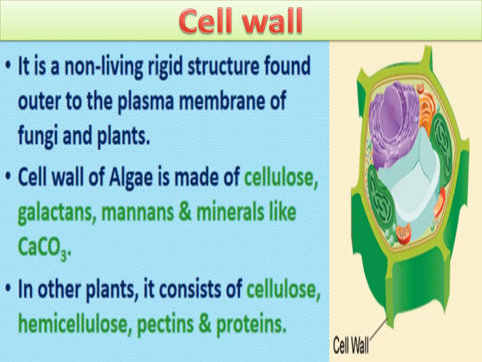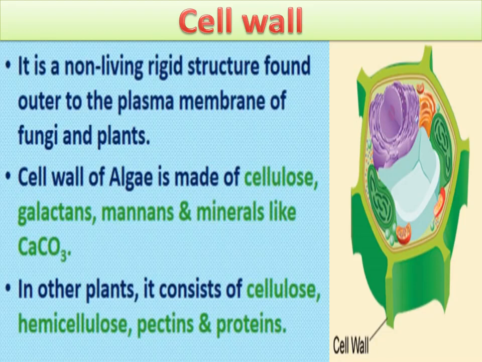Cell wall of algae is made of cellulose, galactans, mannans, and minerals like CaCO3. So this is the chemical composition of cell wall of algae. Okay, different composition is there for different cell walls. Cell wall of plant has some other components, cell wall of fungi has other components. So these are different compositions of different cell walls.